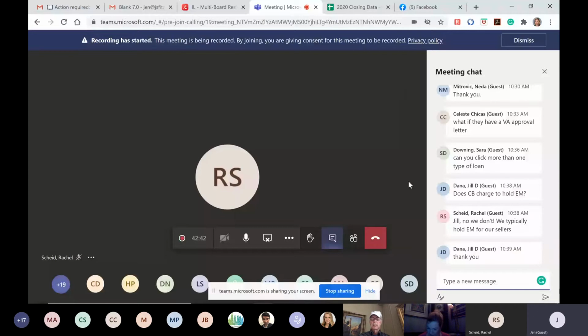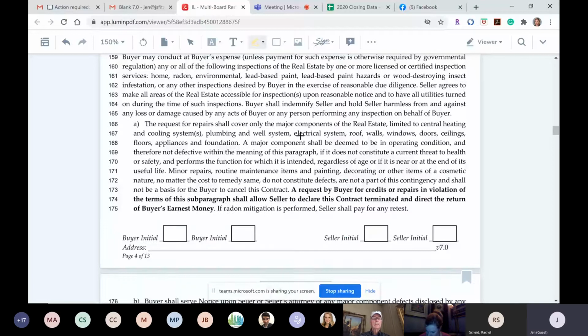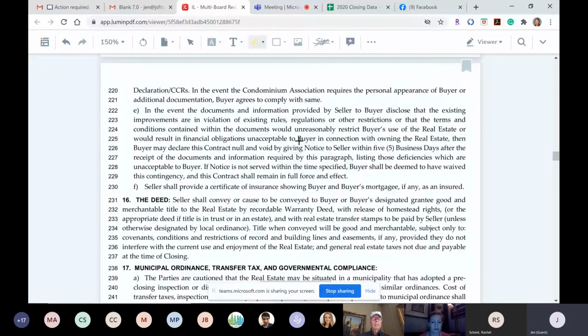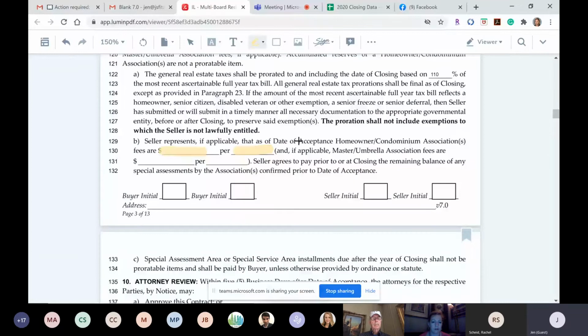And then the third page is really the last page that we really have to get involved in a multi-board contract. Everything else, I don't want to say the word fluff, but I will say the word fluff. Everything else is there sort of if you need it. We're going to go over it and show you some of the situations where you might need to use it.